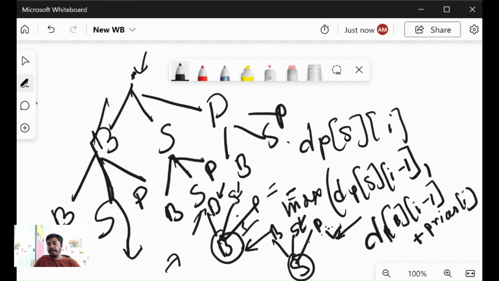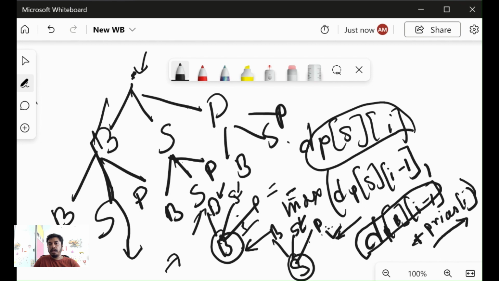So it implies the maximum profit that I have made by doing a buy activity last until the i minus 1th day, and my current price is prices of i, which I'm selling at. So my profit is this plus this. If you compute this quantity, then you can compute dp s of i for all i from 0 to n minus 1.